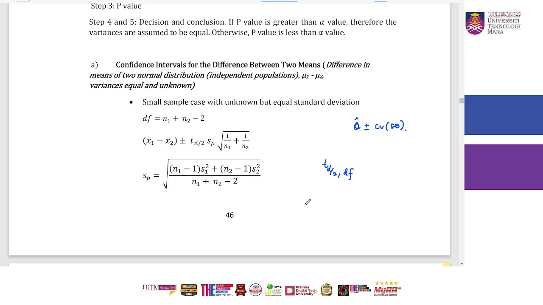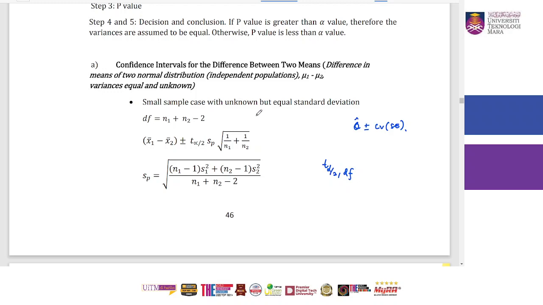Okay, and the degrees of freedom for equal variance assumed is given by n1 plus n2 minus 2, whereby n1 adalah sample size for the first sample and n2 is the sample size for the second sample, and then minus 2. So that means the total number of data minus 2. So that is the degrees of freedom. And then you just take the t alpha over 2. So t alpha over 2 is the same as alpha over 2 given the value of alpha.